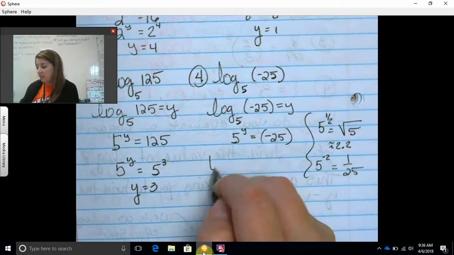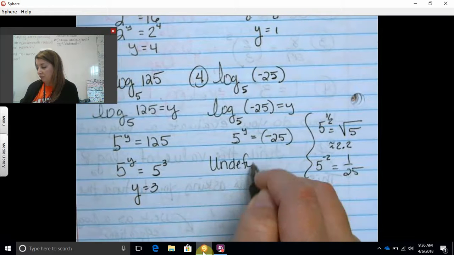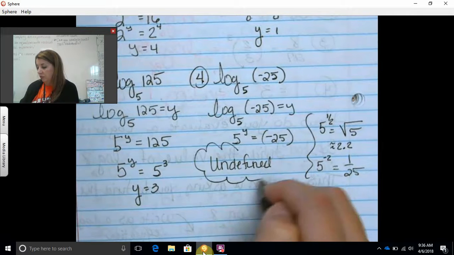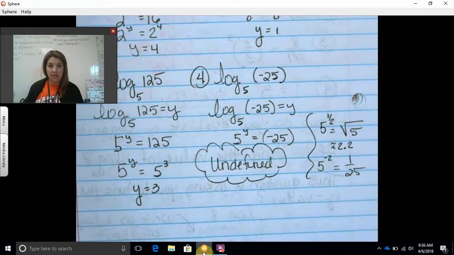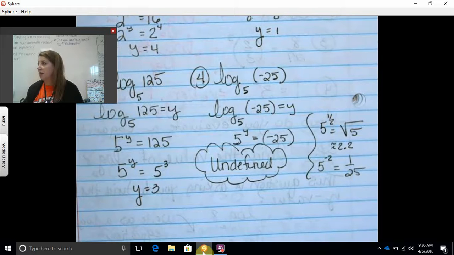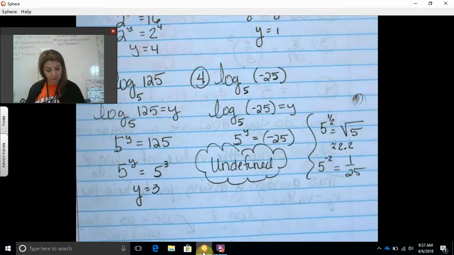This is undefined. It's not possible. You can't take the log of a negative number. It won't work. So that's why that's one of the rules. X has got to be greater than 0. Coolio?